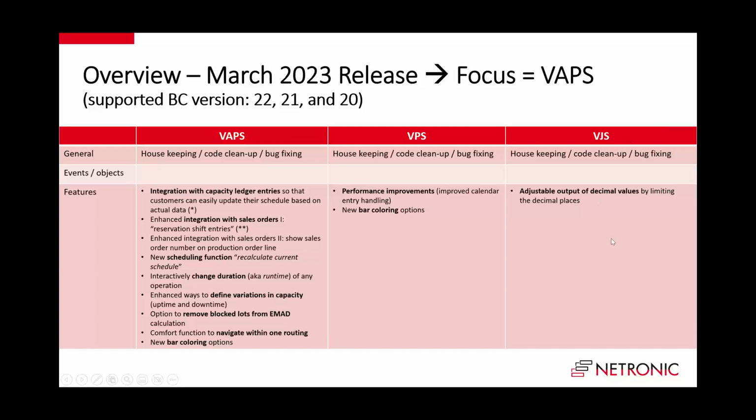We have things that we want to do with respect to the VJS, but for internal capacity reasons, this quarter we decided to focus on the VAPS. I'm pretty sure that when we meet in 3 months' time, you will see more items also on the VJS side. But the focus, and this is no secret, will definitely be on the VAPS.